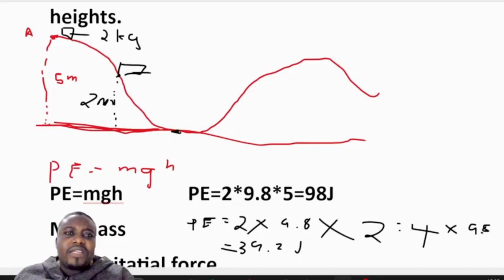When you get to the ground here, because the height is going to be 0, the potential energy here is going to be 0. When you are on top of a mountain and it goes down and down, the potential energy decreases, and when it goes up again, it increases again. So this is potential energy.